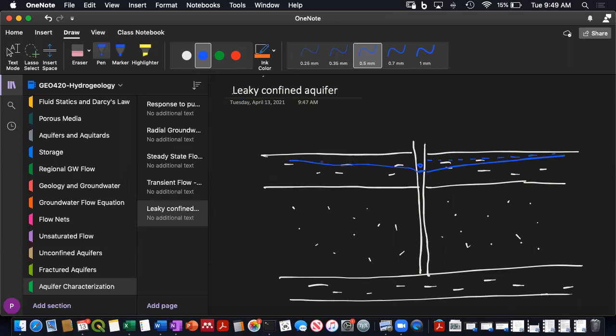What if not all my water is coming from storage, but I have some amount of water that's leaking out of my confining unit? What this says is my confining unit isn't perfectly impermeable, and I'm getting some volume of water adding to my aquifer here from the confining unit.